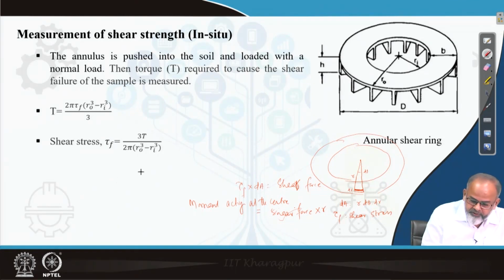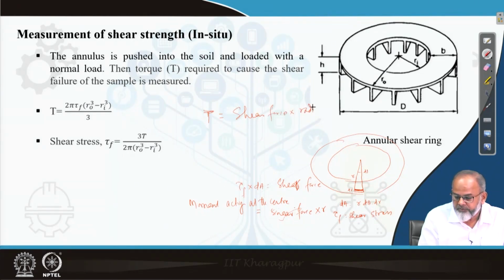So, if T is the torque, then torque will be equal to shear force into radius. Shear force is tau F into dA, and radius is r, where dA is r d theta dr, so I can write this as tau F into r square d theta dr. This is the torque which is acting on the smaller element.